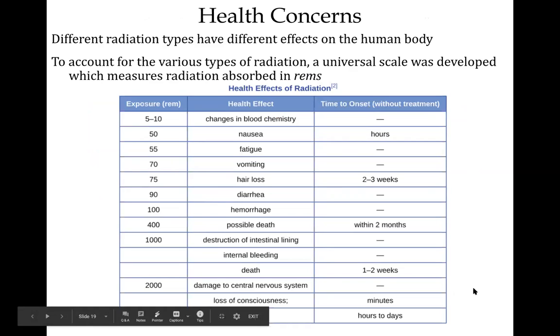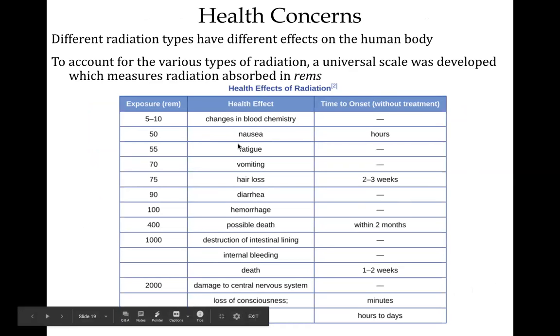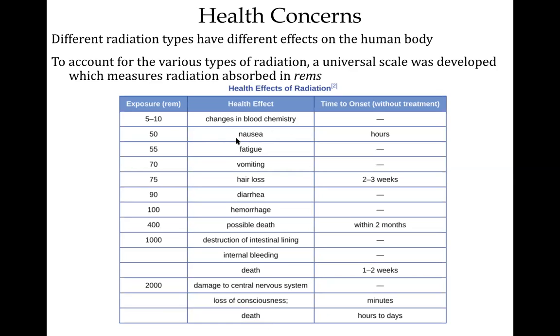All right, so let's go back to this again, and let's think about, now that we understand what REMs are, and keep in mind that 5 to 10 REMs are going to cause certain changes in our blood, okay? And that you have to get 5 to 10 times that before you really start to notice the effects, okay? So in order to get nauseated from radiation, you need to have 50 REMs.